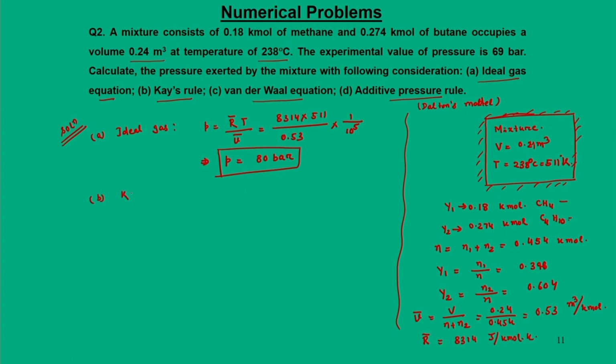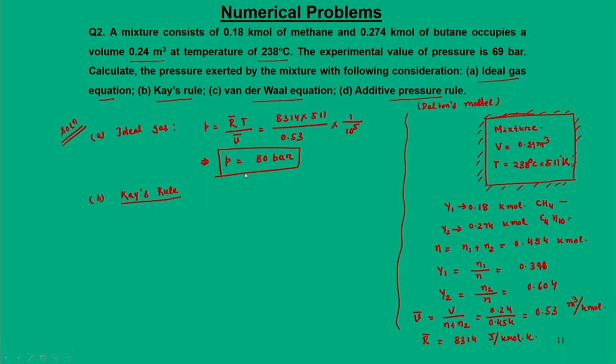Then Kay's rule. Kay's rule calculates the value with respect to critical parameters for the mixture. For each component, the first thing we need to find is the critical pressure and temperature, for methane and butane, and subsequently the critical pressure and temperature for the mixture.